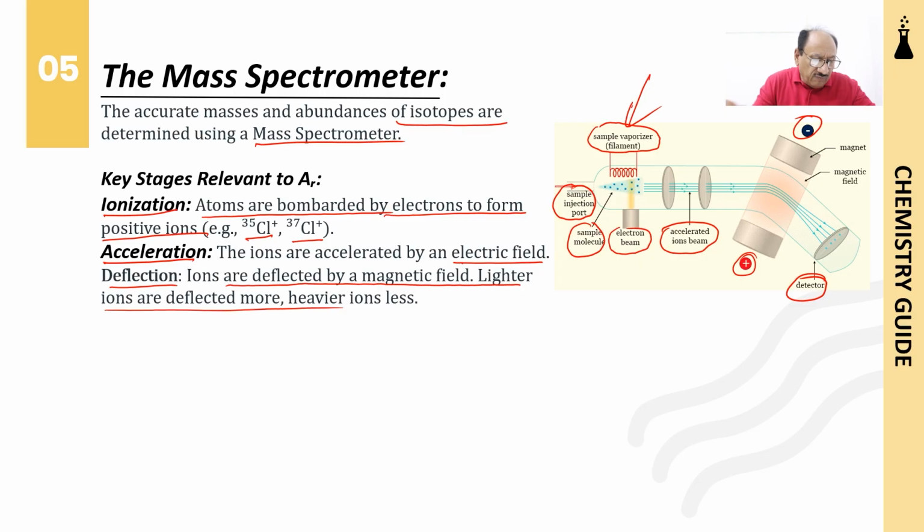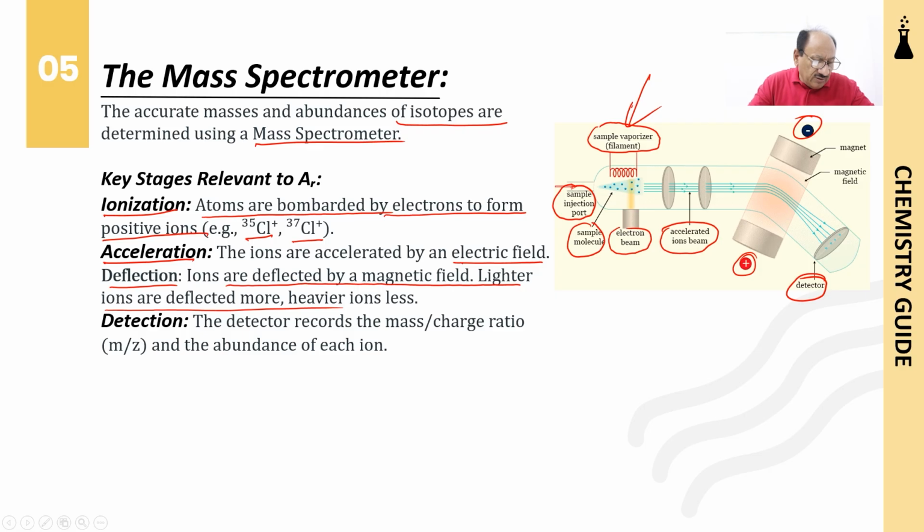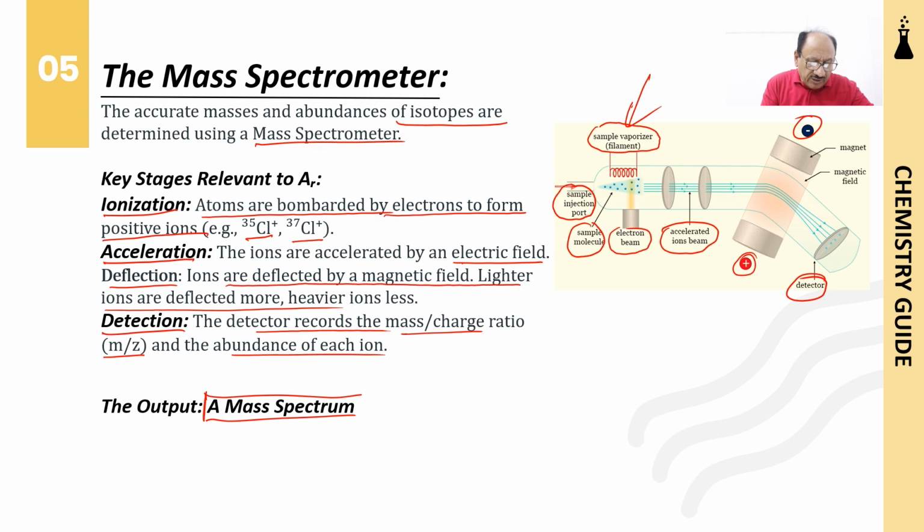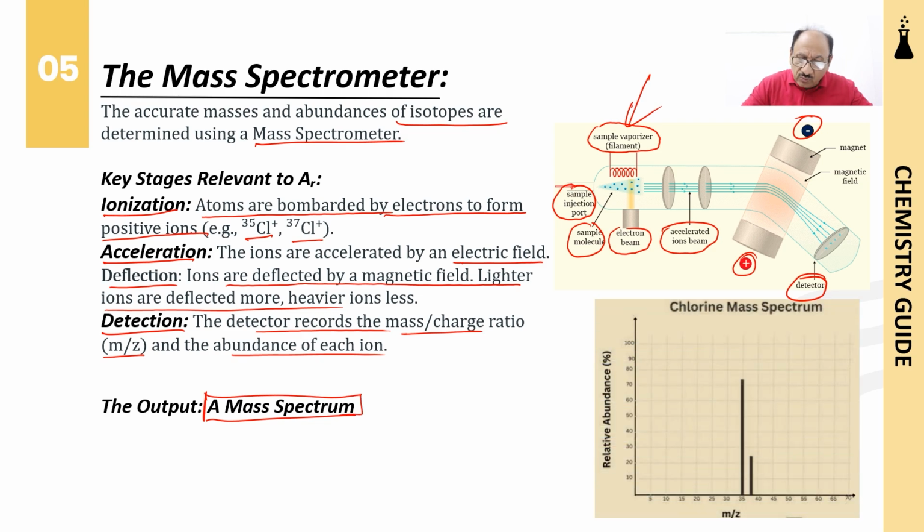Lighter ions are deflected more, heavier ions are deflected less. The last stage is detection, which records the mass-to-charge ratio m/z and the abundance of each ion. The output is the mass spectrum, which looks like this, with relative abundance as a percentage against the mass-to-charge ratio.